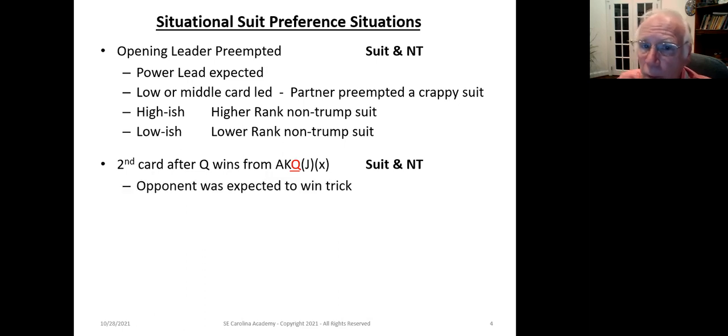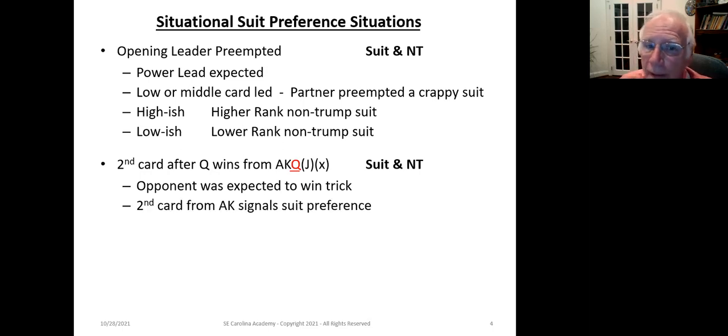When that queen wins the trick, we had really expected that the opponent is going to win the trick when the queen is led. But when that queen wins the trick in the suit contract, or even in a no trump contract, it tells us that our partner has the ace or ace and king also.